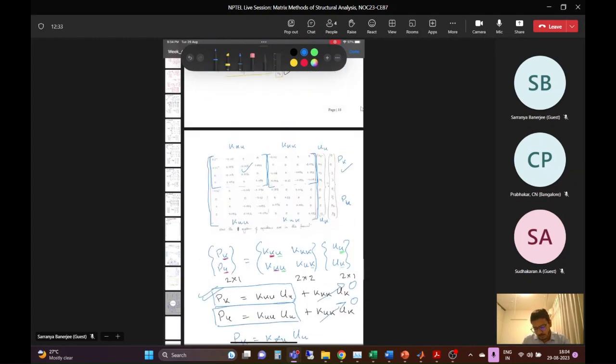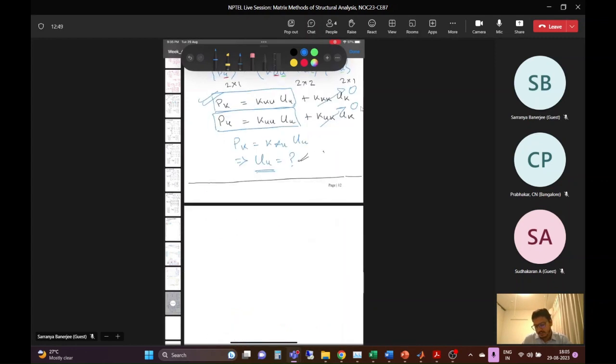We already discussed in the last class in quite some detail how to partition the stiffness matrix, and I would just continue from that point. Can you follow?